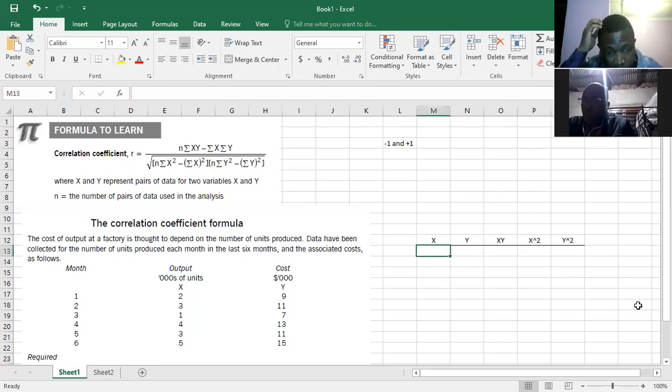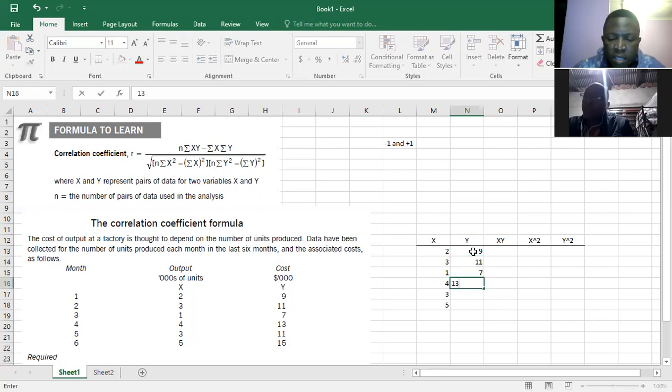Since they are all in thousands, for X we will just use the numbers 2, 3, 1, 4, 3, 5. Then Y, we have 9, 11, 7, 18, 11, 15.